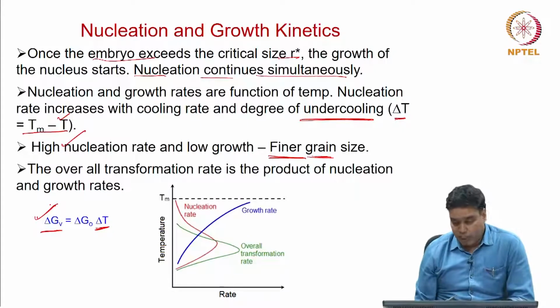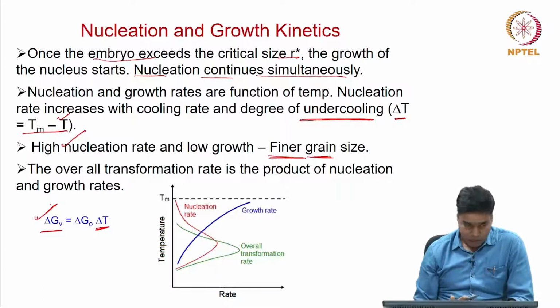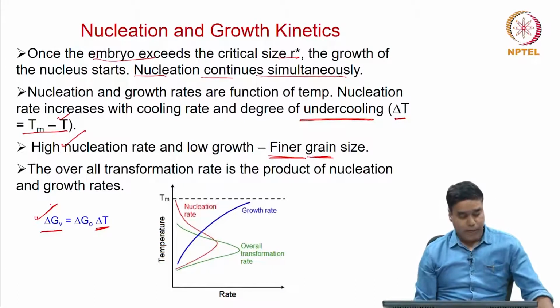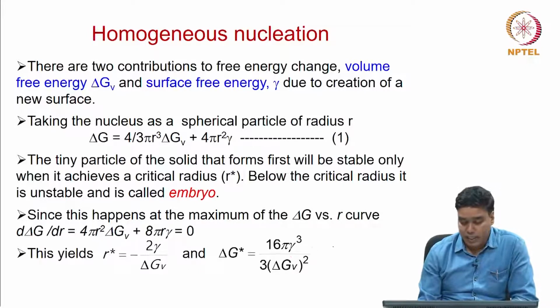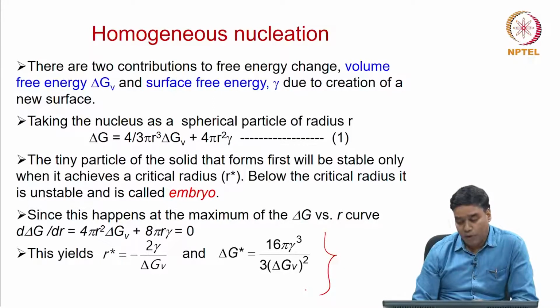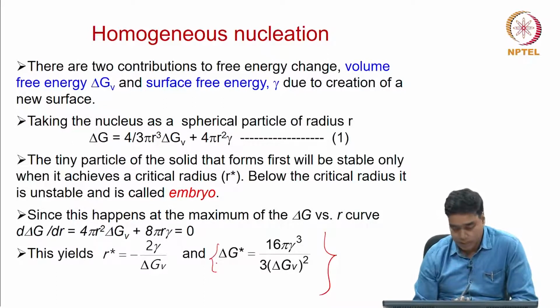So, as delta T or undercooling increases, delta GV would also increase, and from this relationship you can see that as delta GV increases, it becomes easier to form more and more nucleus, because the critical size needed for the nucleus to be stable decreases, and the critical free energy change also decreases.